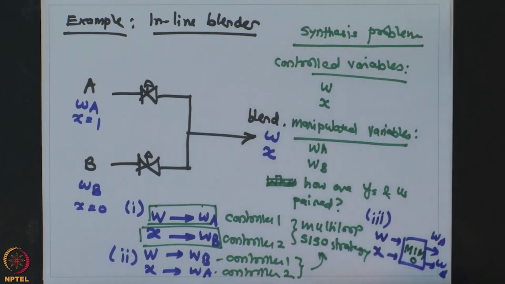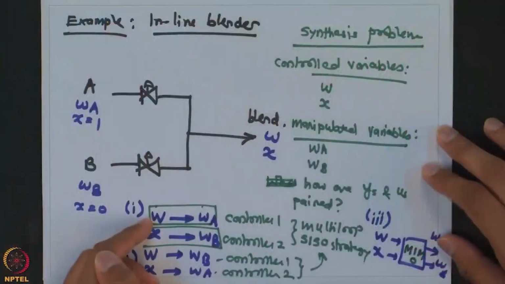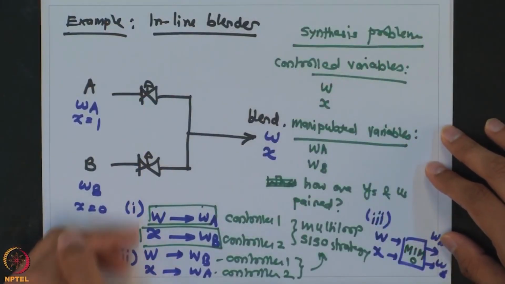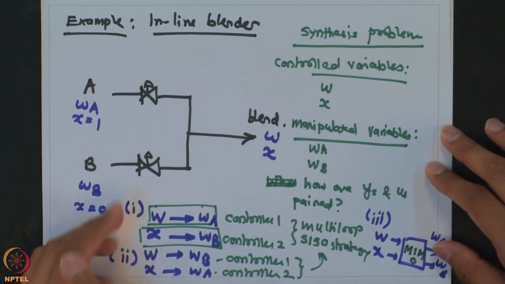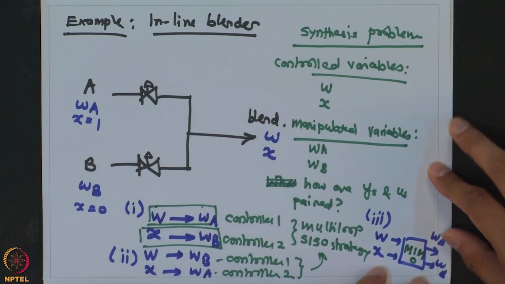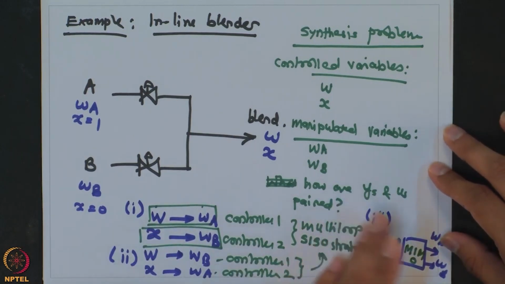So for this particular system, there are three possible architectures. Either you can go with two single input single output or two SISO loops, wherein there are two possible options depending on the pairing between outputs and inputs, or you can have a full blown controller which takes all the controlled variables and simultaneously obtains the values for all the manipulated variables.